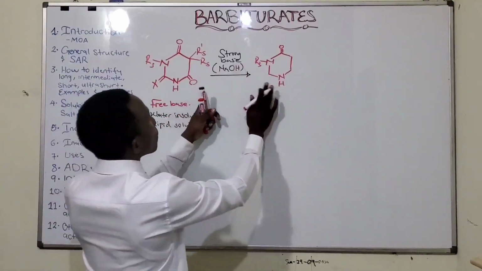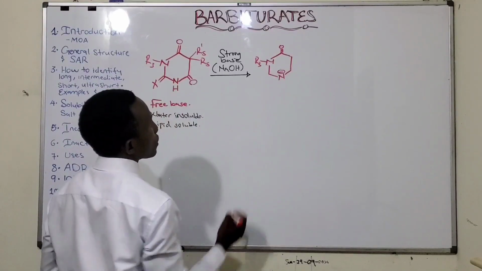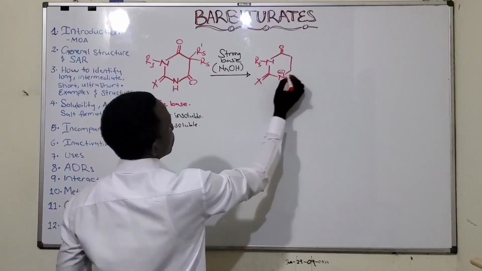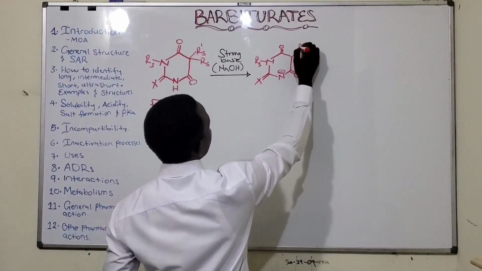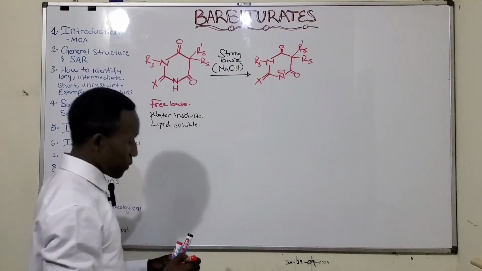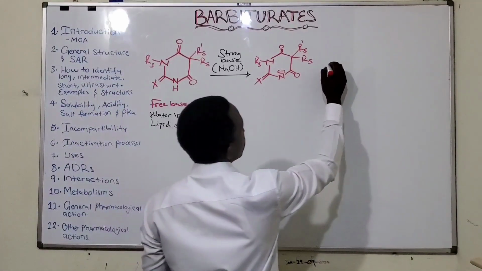So in the presence of a strong base, this one becomes a stronger nucleophile. Here I have R5 and R5. And this nucleophile is stabilized by resonance.